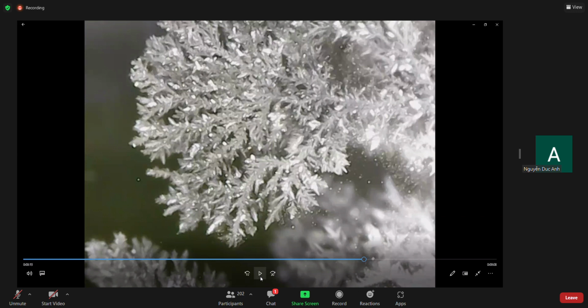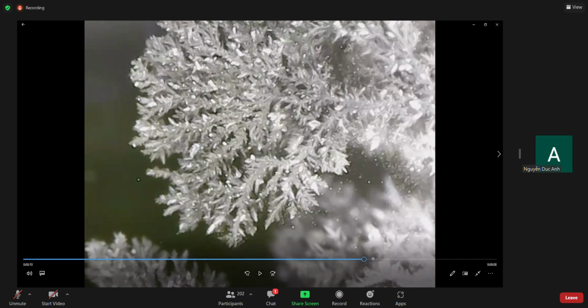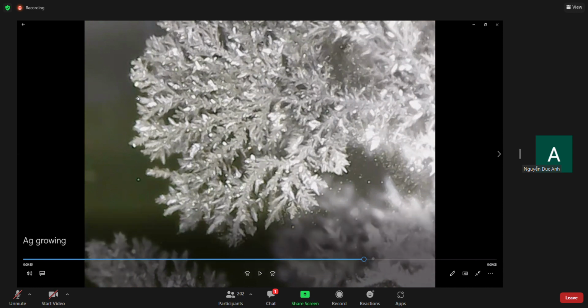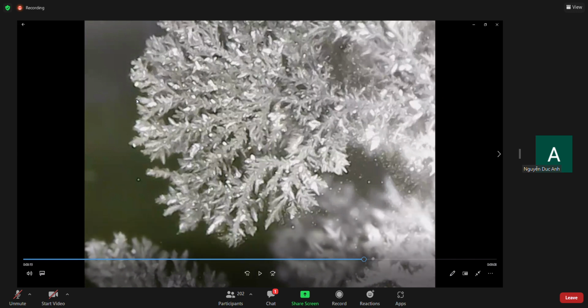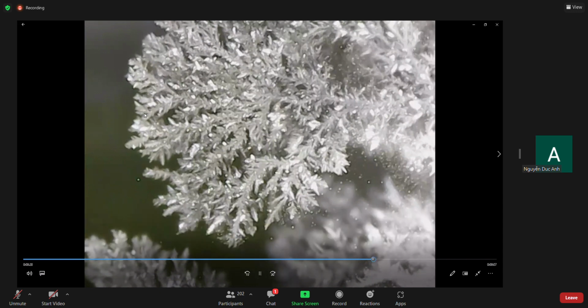You see the copper will dissolve in some part, around here in the base, and then the electrons will move from the base, the position in which copper dissolves, to the surface of the silver crystal. Then the reaction between silver plus and electrons happens on the surface, and new silver is deposited. So you see it's growing.